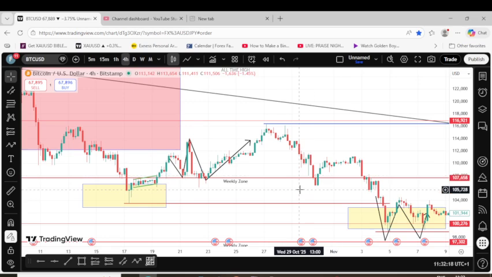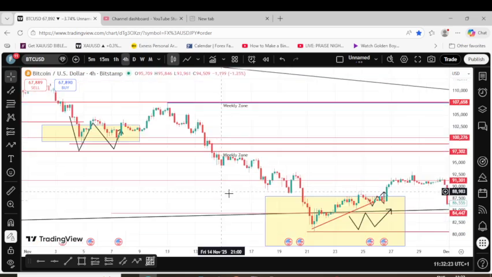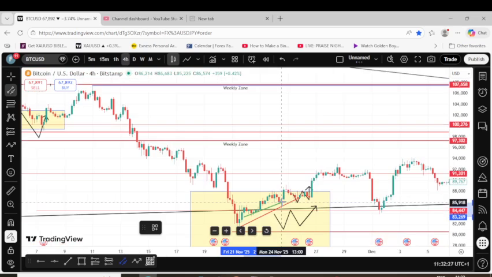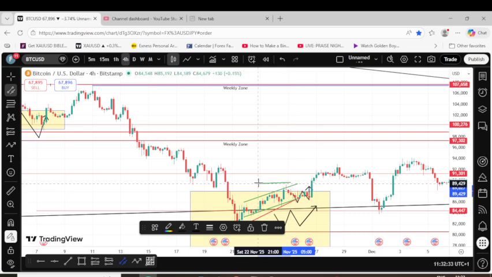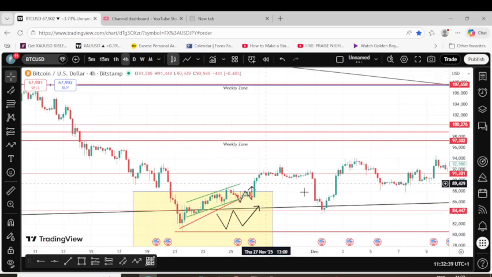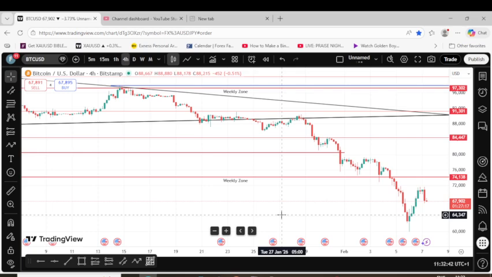So this is a range followed by a W pattern. Here we also have an upward slanted range. Here we also have an upward slanted range followed by a W pattern. So what we're looking for is an upward slanted range followed by a W pattern.